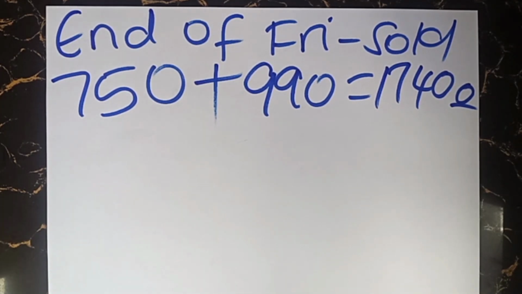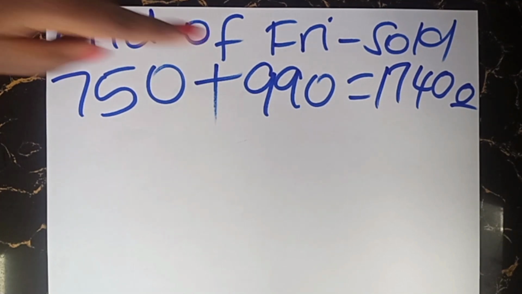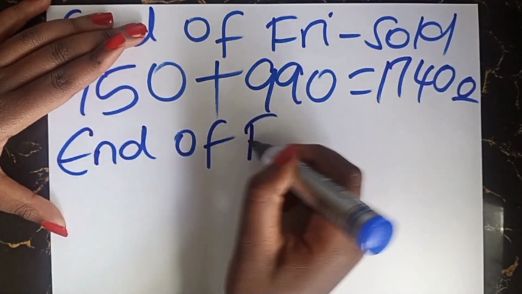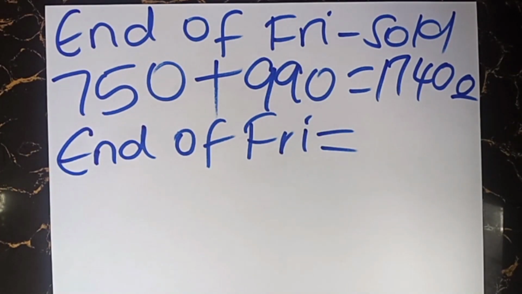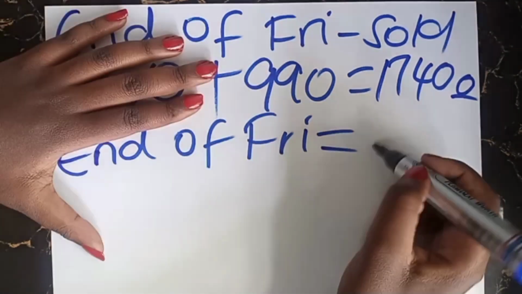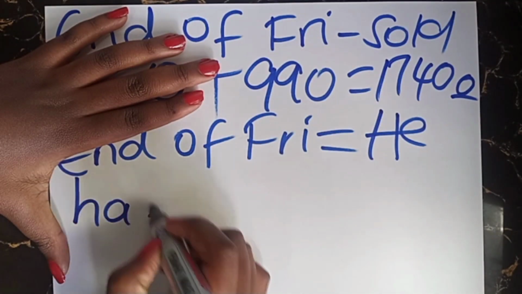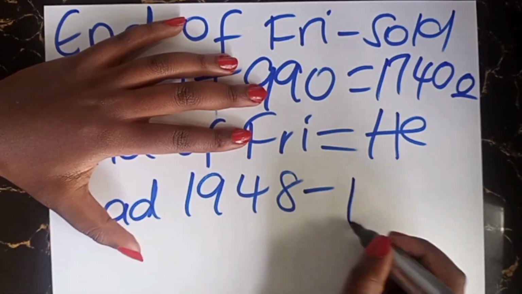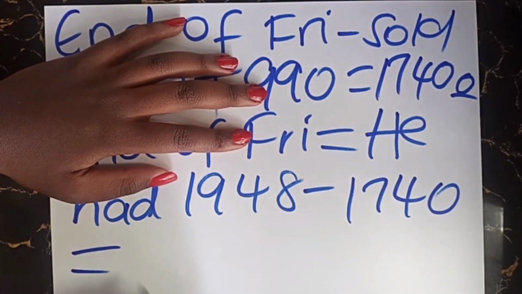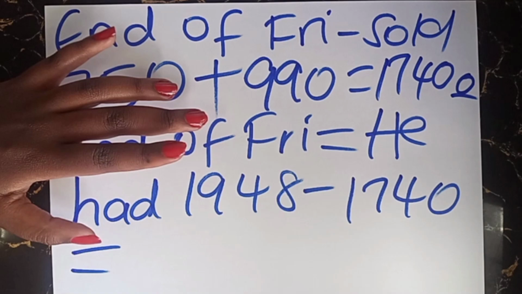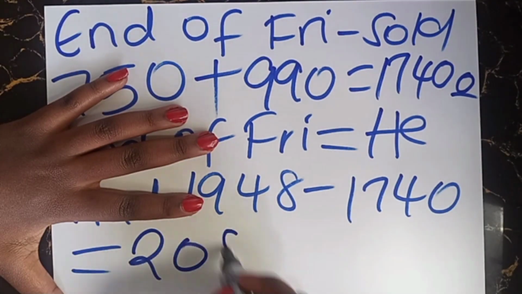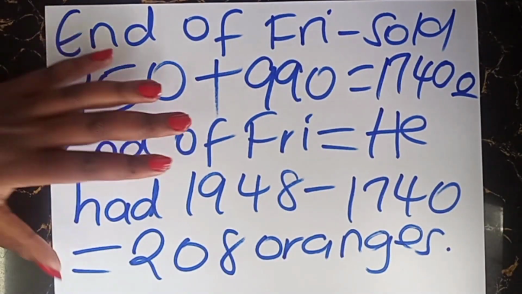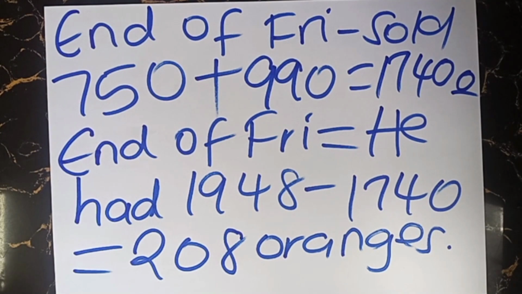By the end of Friday, he had not sold, how many oranges did he have? He had the ones that he bought on Thursday minus the ones that he sold by Friday. So when you subtract this, you get 208 oranges. So that means that by the end of Friday, he had 208 oranges.